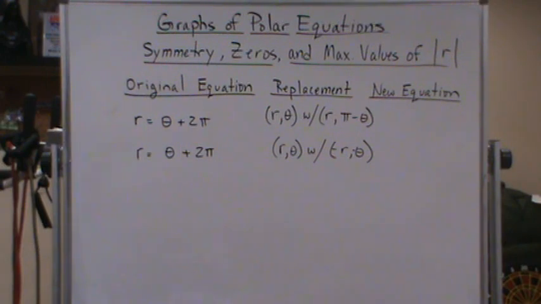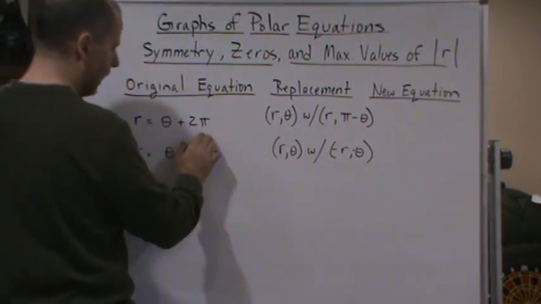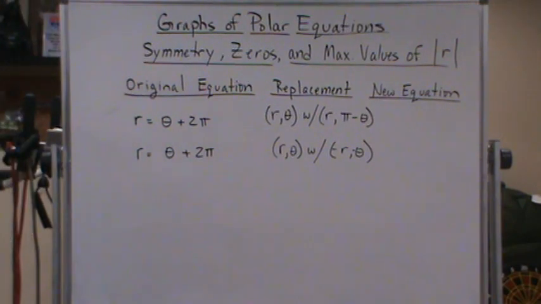Now, it is symmetric, and you could show this by plotting it. It is symmetric with respect to the line pi over 2. Okay? Because if you make the replacements, neither of the replacements will work out.